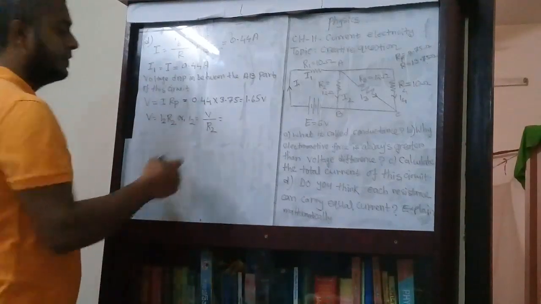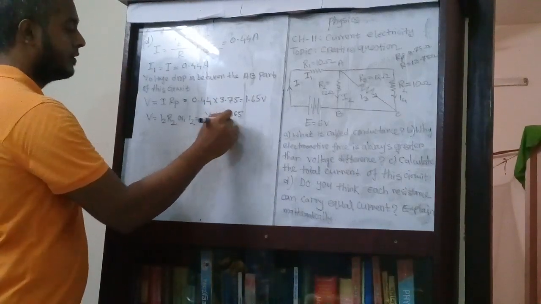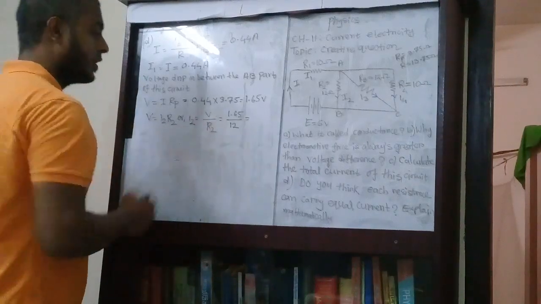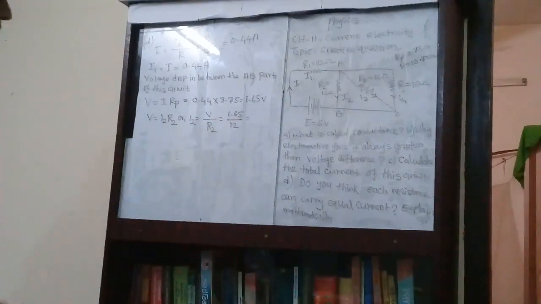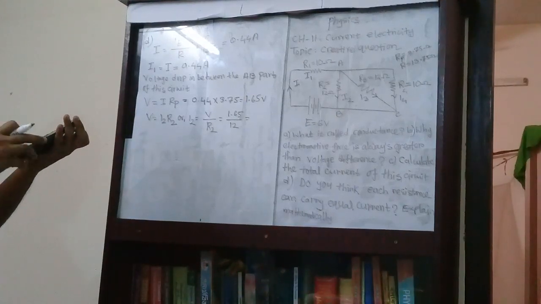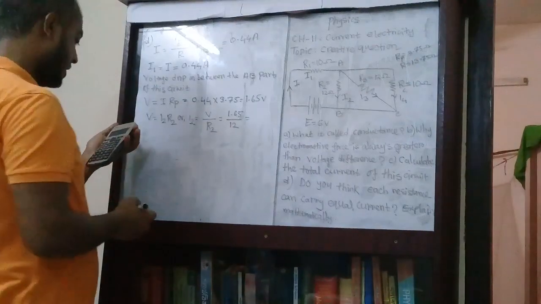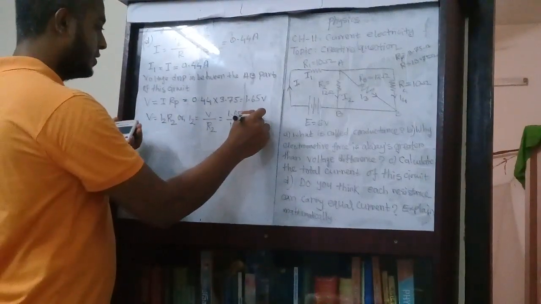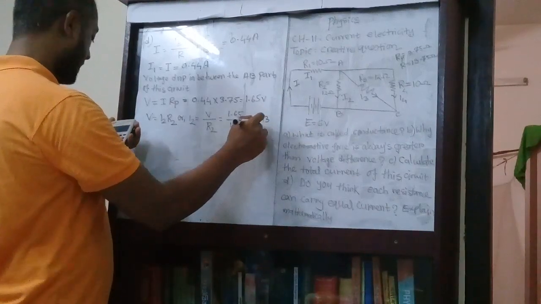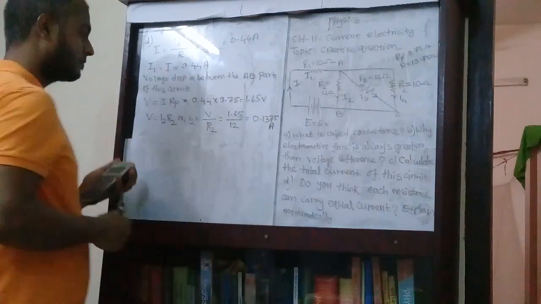So V equals 1.65 and R2 equals 12, so it is 1.65 divided by 12. The amount of current is 0.1375 ampere.